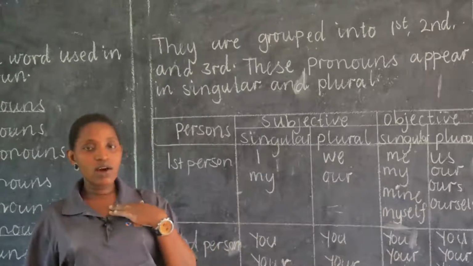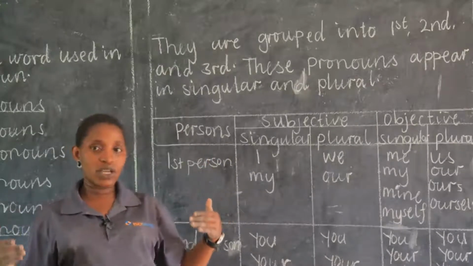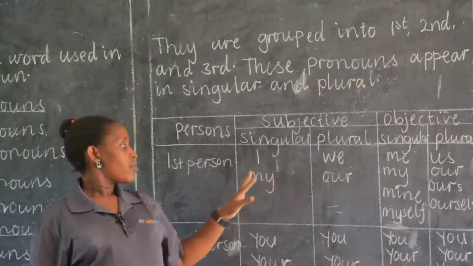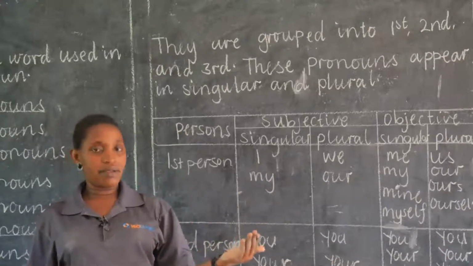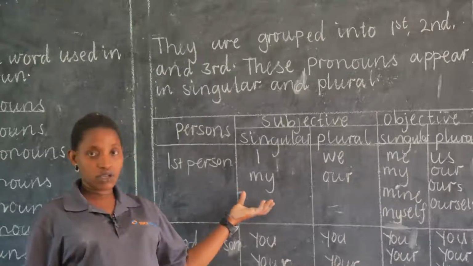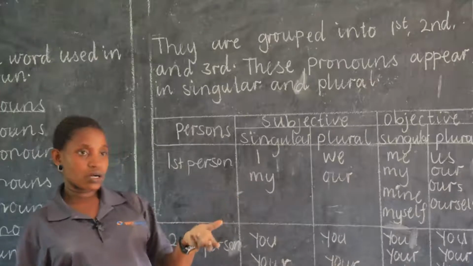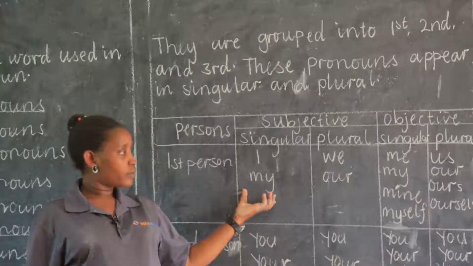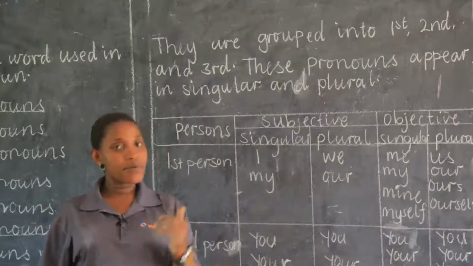When I'm talking alone, I am I. When I join a group and we start talking as a group, we become we. Then even here, when we are beginning a sentence, we can say my. It is also a subjective pronoun, my. My book. First person, singular. Then our books.